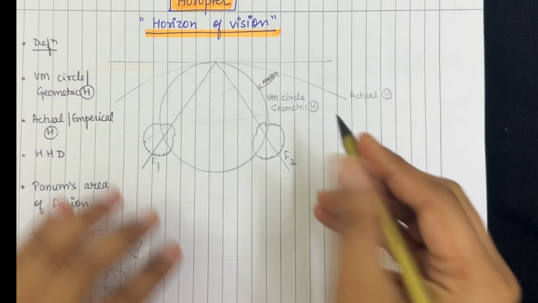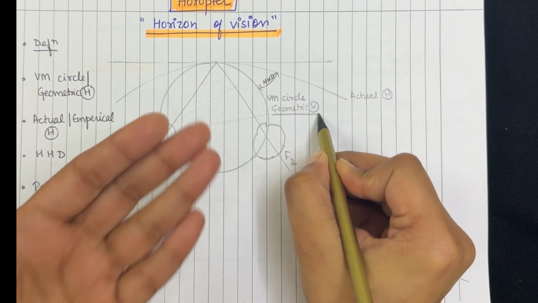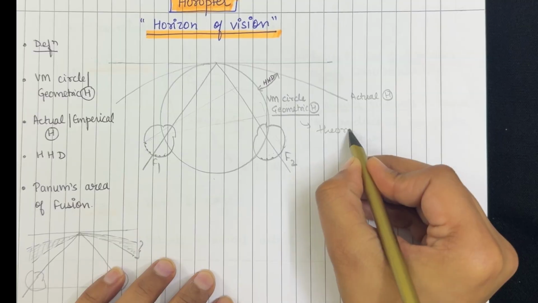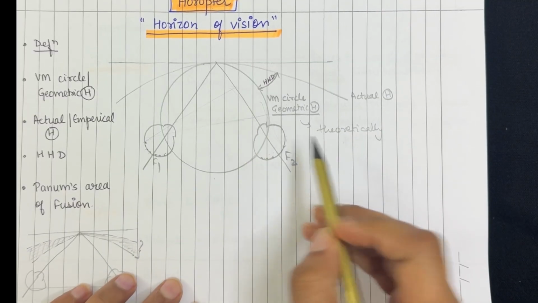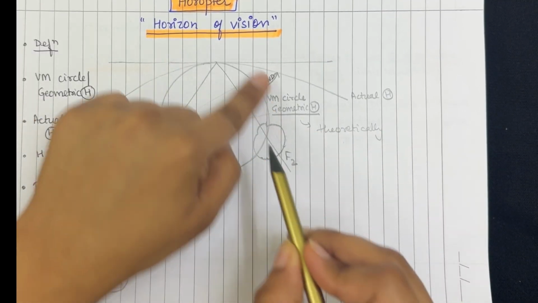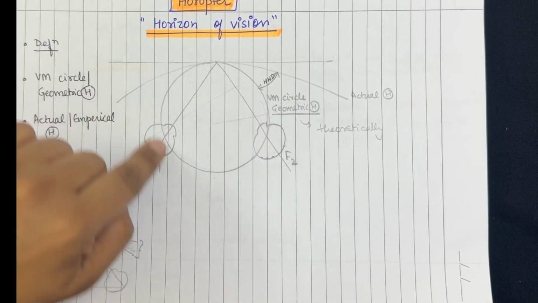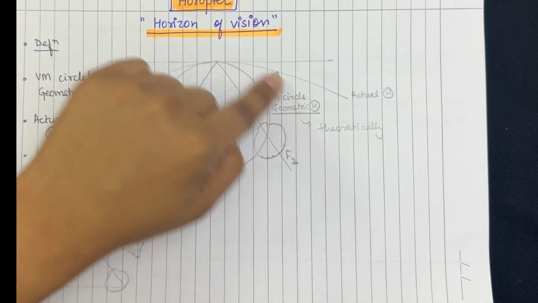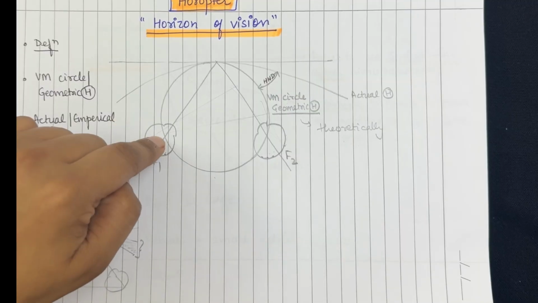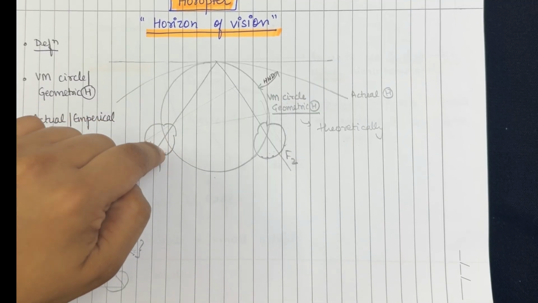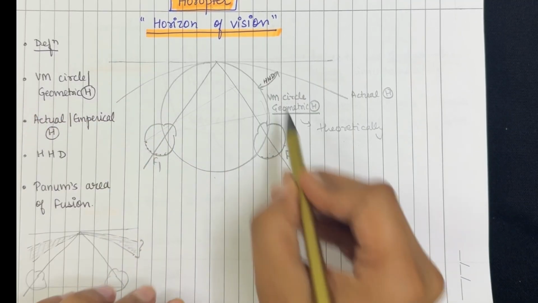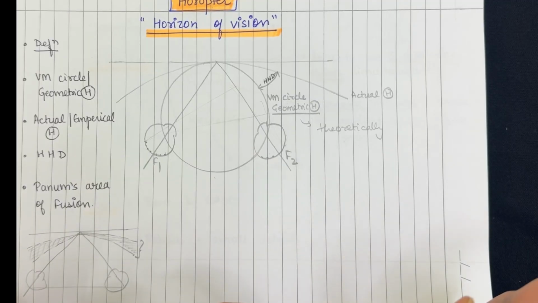Now there is something known as geometric Horopter, the theoretical Horopter. What does it say? That you make a circle passing through corresponding points of two eyes, right? So these are the corresponding points of two eyes and you make a circle. This is known as Vieth-Muller circle. But in practice, this is not a circular Horopter.